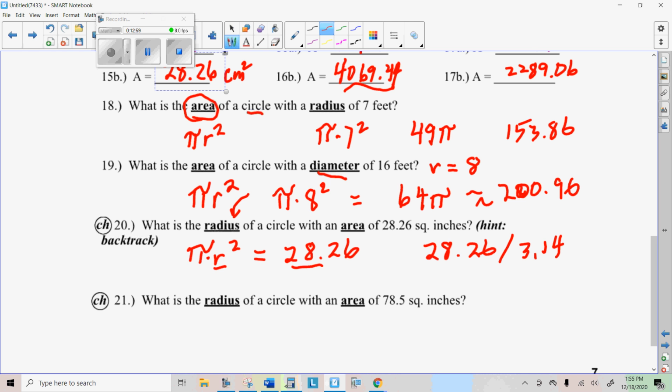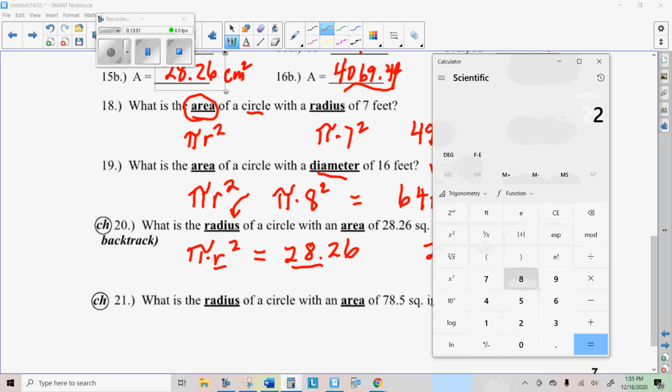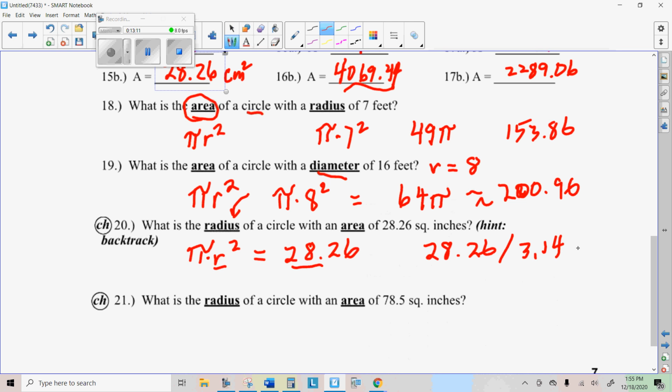So 28.26 divided by 3.14 equals 9. Now this is cool. This equals 9, but that's my radius squared. So now I have to figure out what number times itself equals 9.